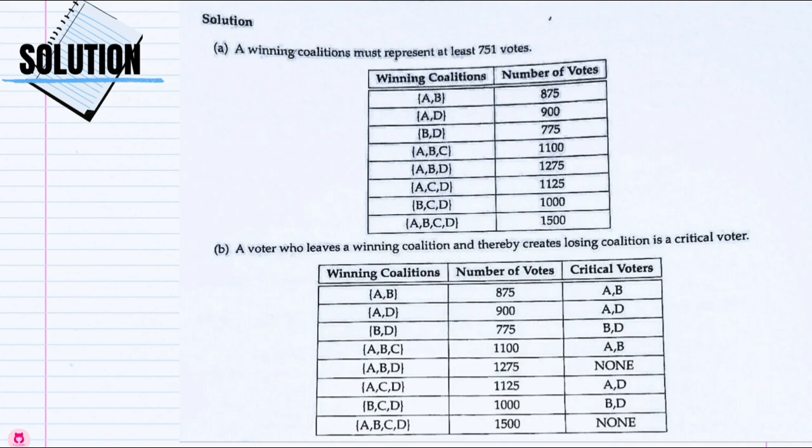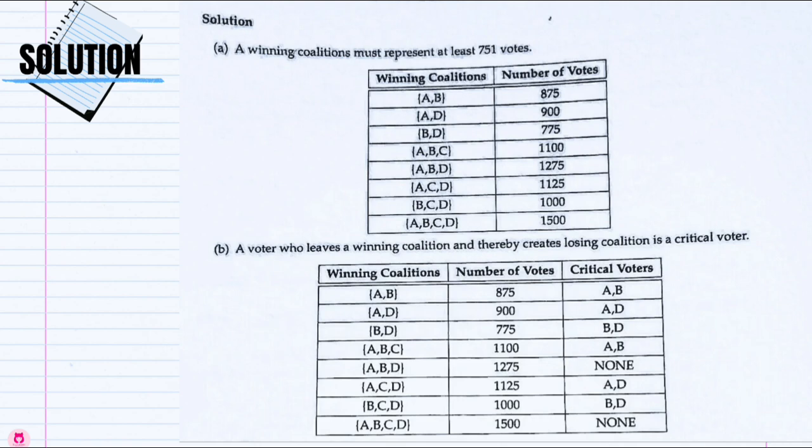Next, letter B. For each winning collation, we have to determine the critical voters. Since we found the winning collations, let's look for a losing collation, and that is a critical voter. To do that, we check: if we remove A, we will only have B, that is 375, and if we remove B, only A is left, which is 500.